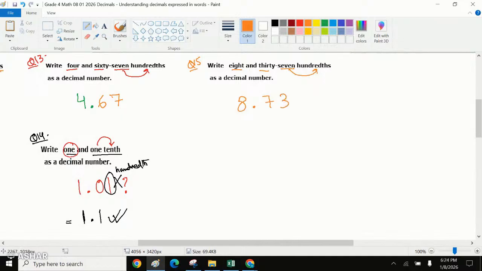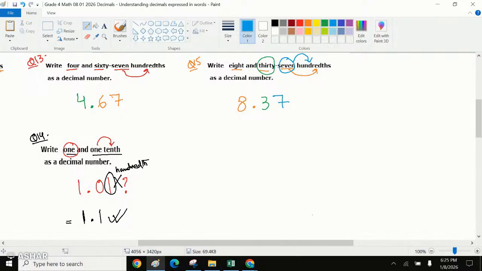Agreed? Is this correct? Right? Because there were hundredths also in this. Yes, 8.37, right? So we cannot write 8.73 because there is 3 tenths and there is 7 hundredths, 8.37. Okay, thank you so much.